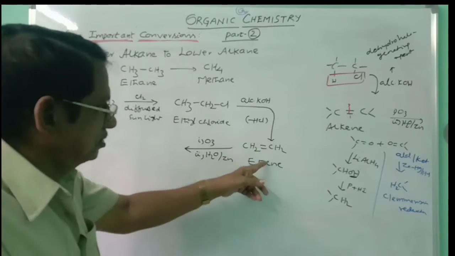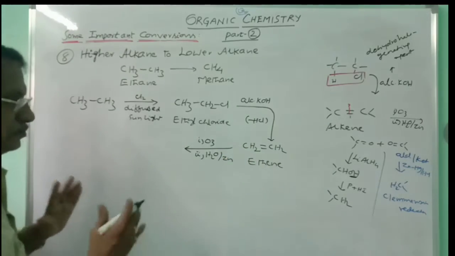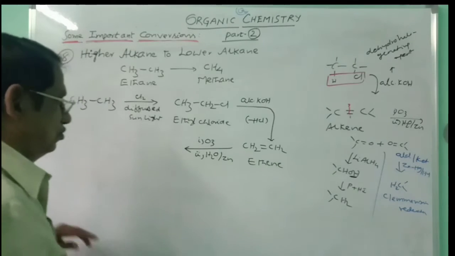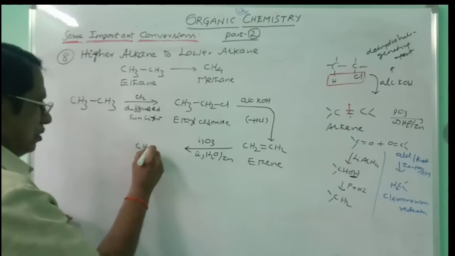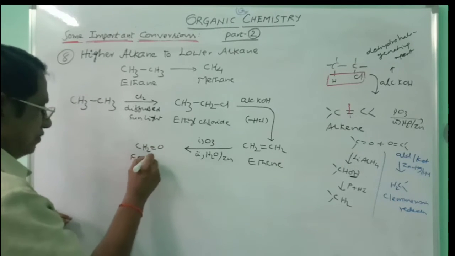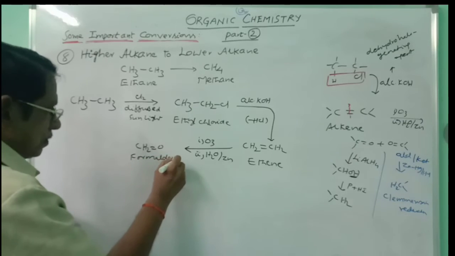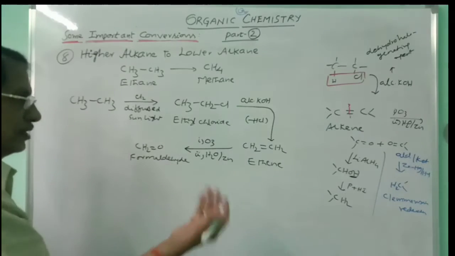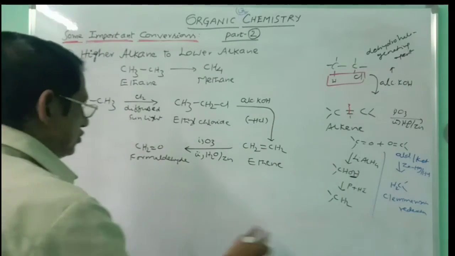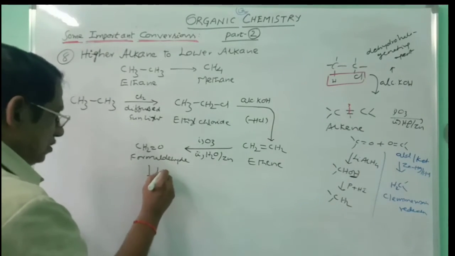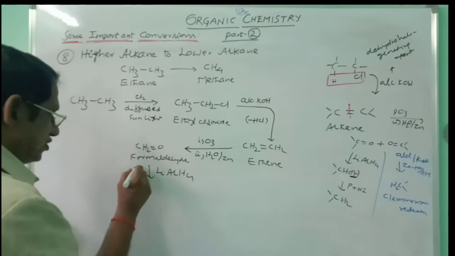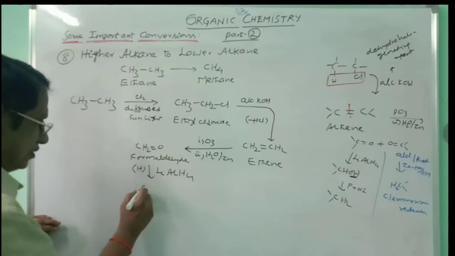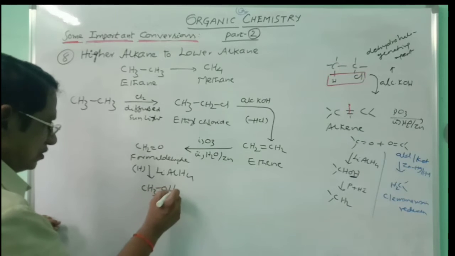Thereby, here the C=C will be splitting and they will be converted into carbonyl compounds. CH2=O, this is formaldehyde. After getting formaldehyde, you can adopt this method. This is treated with lithium aluminum hydride reduction. Thereby, it is converted into CH3OH, methanol.